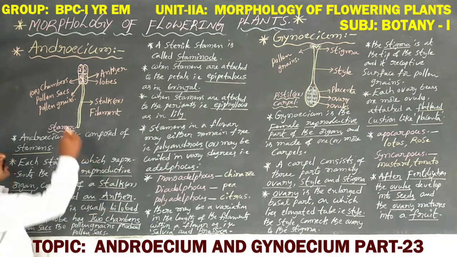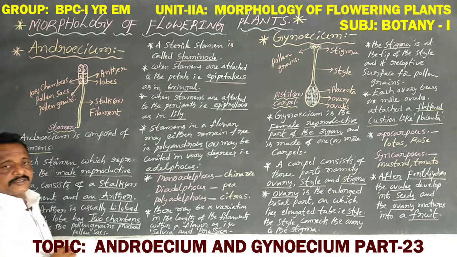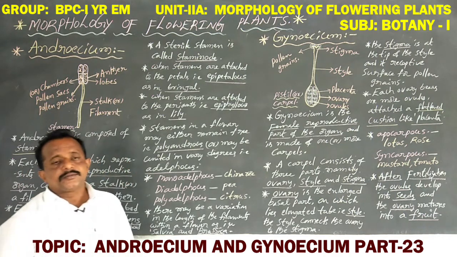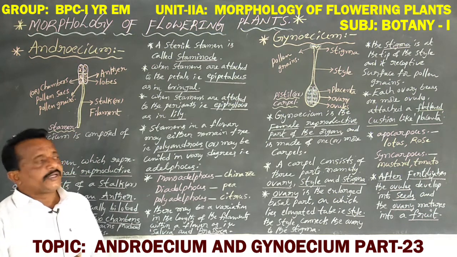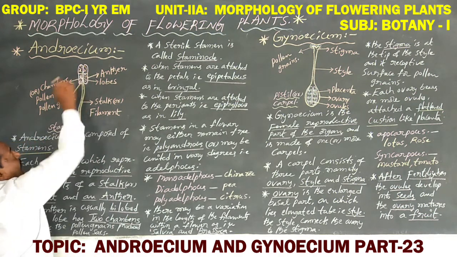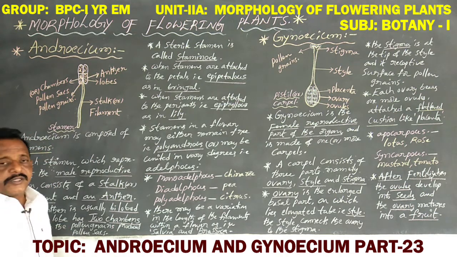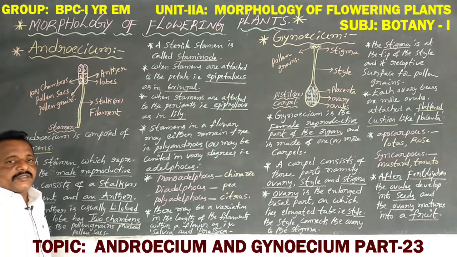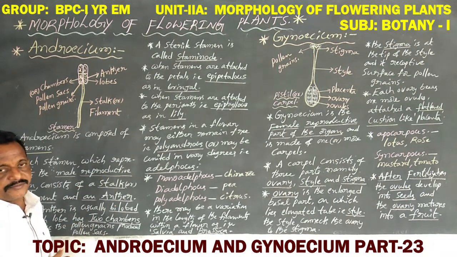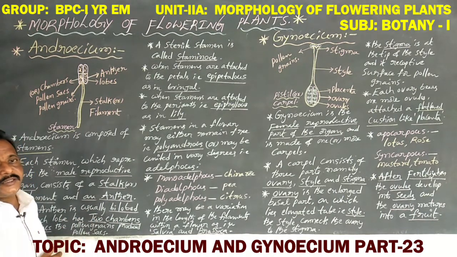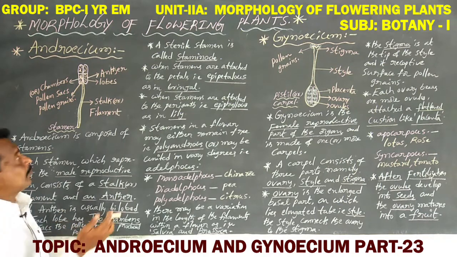The pollen sac contains a number of pollen grains. These pollen grains reach the stigma of the gynoecium, and then the pollen grains germinate to form a pollen tube.